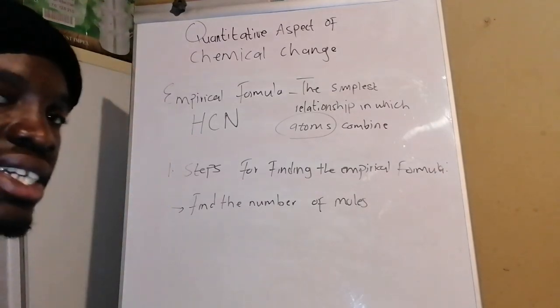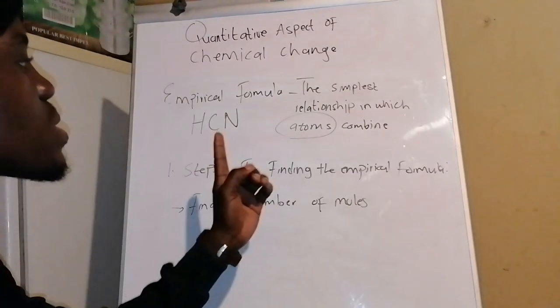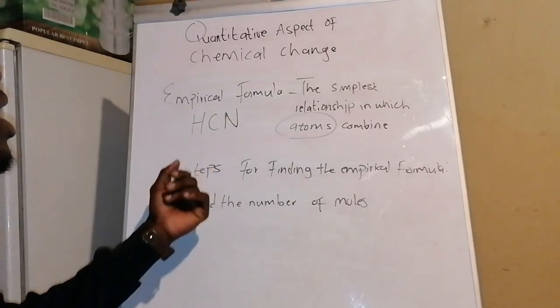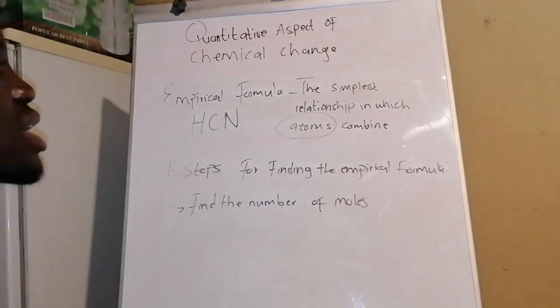Then I take that smaller number of moles and divide all the number of moles that I calculated for hydrogen, carbon and nitrogen. After dividing all the number of moles by the smallest number of moles, that is when you are closer to determining the empirical formula.